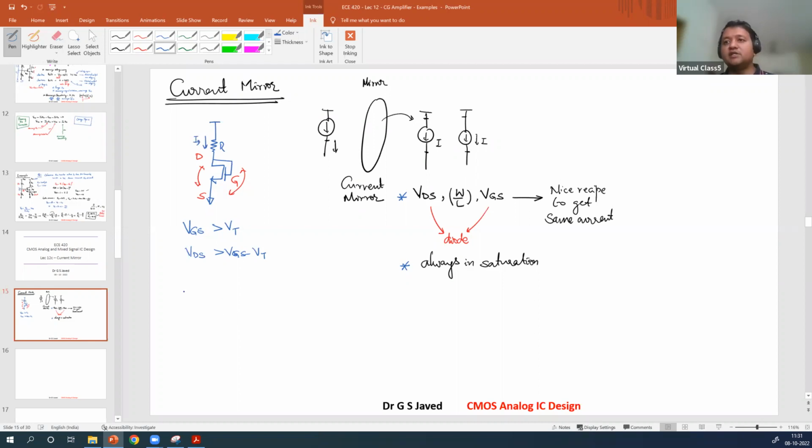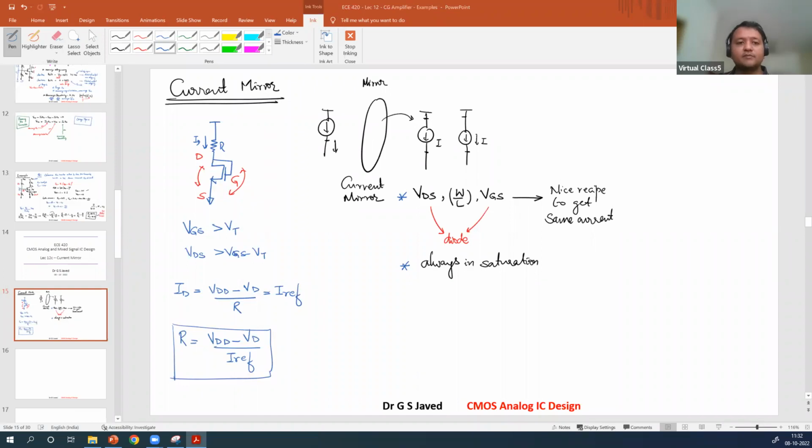ID will be given as VDD minus VD divided by R. If we call this current the reference current IREF, then the resistor value required to generate IREF through the diode connected device will be VDD minus VD by IREF. So this is the resistor value.